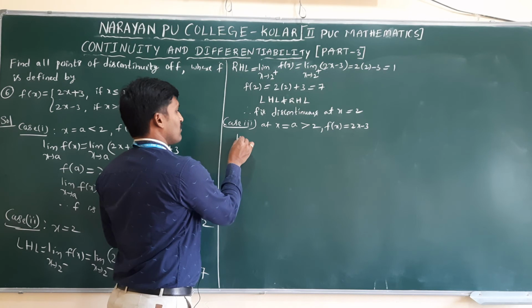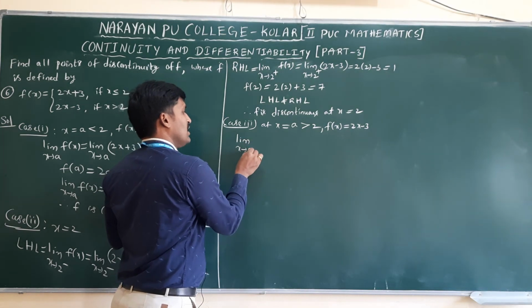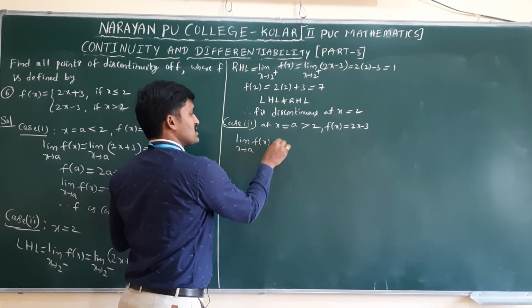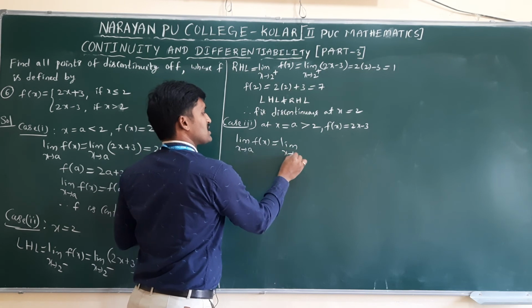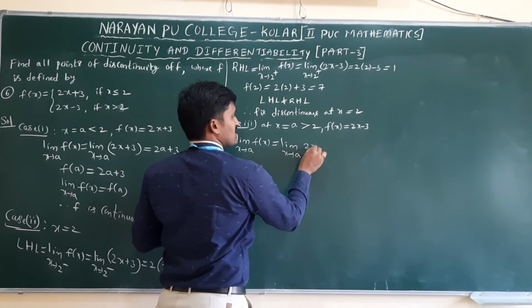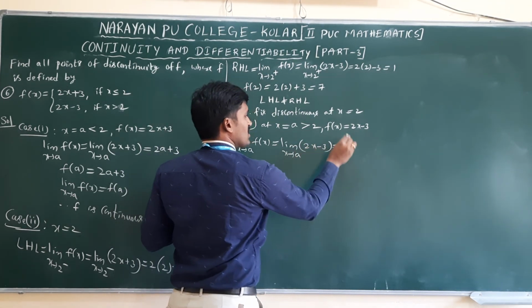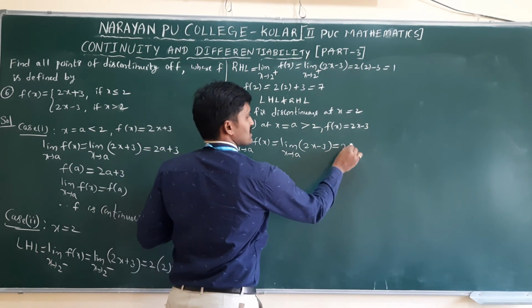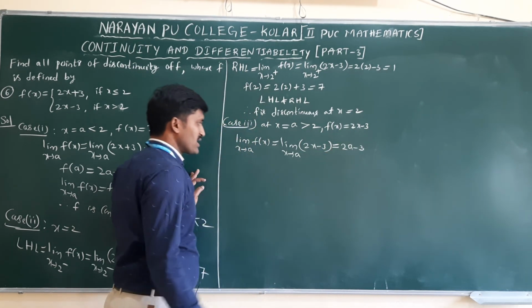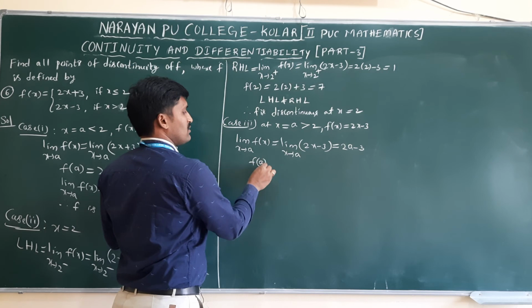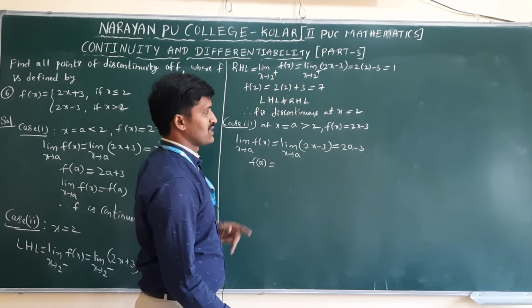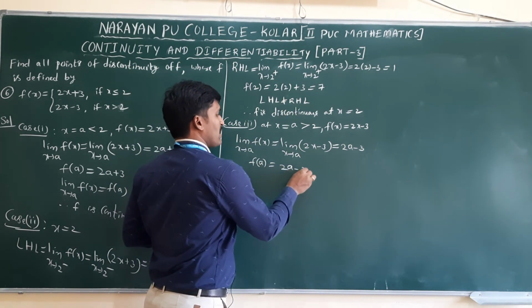Here, with a single function, we use the first definition. Limit x tends to a, f of x equals limit x tends to a of 2x minus 3. Substitute the x value, that is 2a minus 3. Now find the function value: directly substitute the x value in that function, that is 2a minus 3.